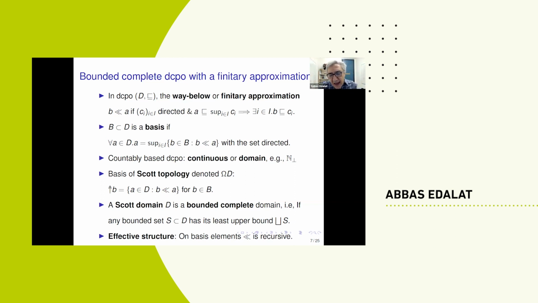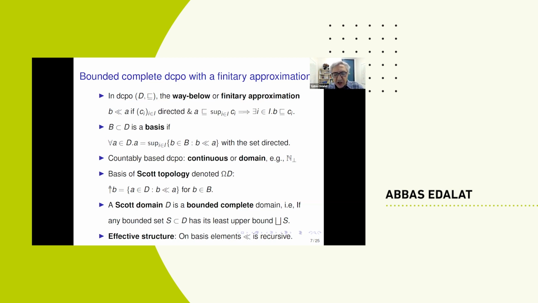And now a Scott domain is a bounded complete domain. So bounded complete means that any bounded set has got a least upper bound that is denoted by the supremum of that set. Scott used a different notation, but I'm going to use supremum, which is more in the tradition of mathematics.